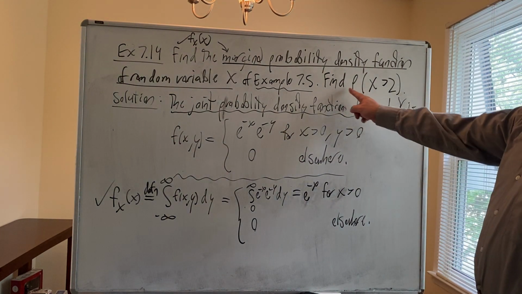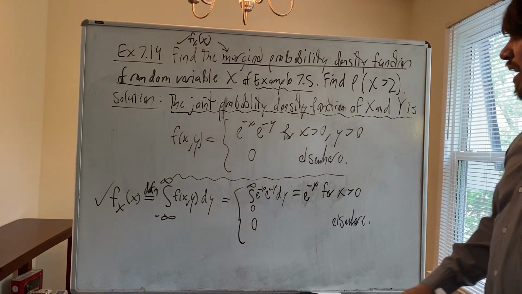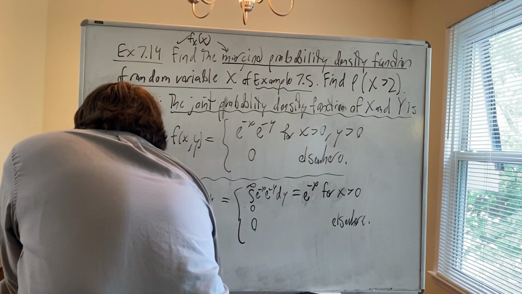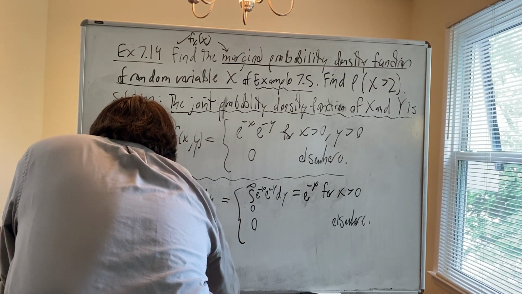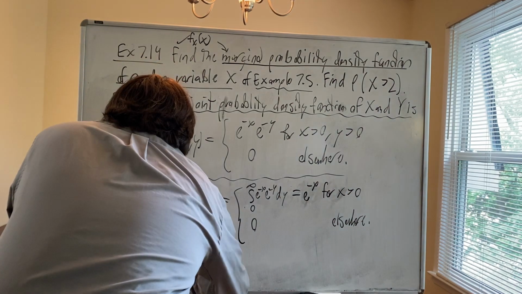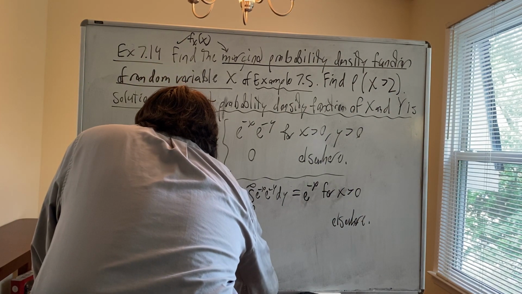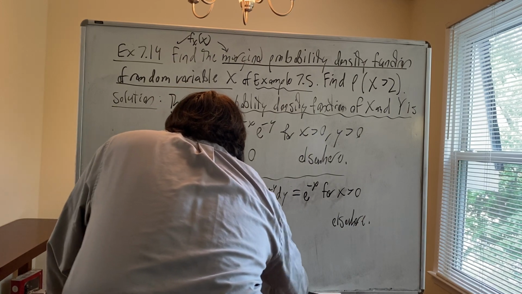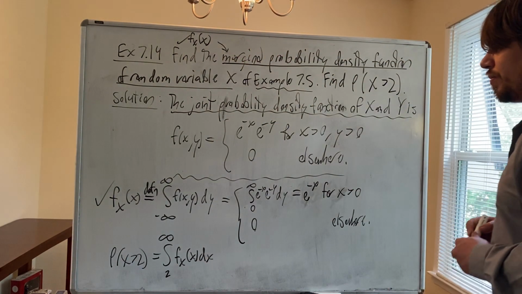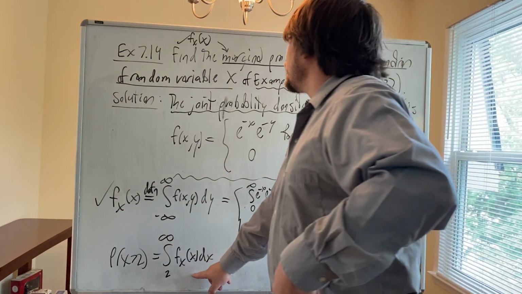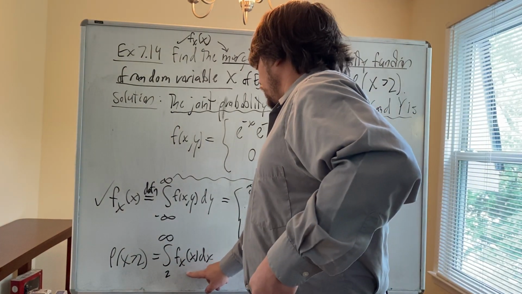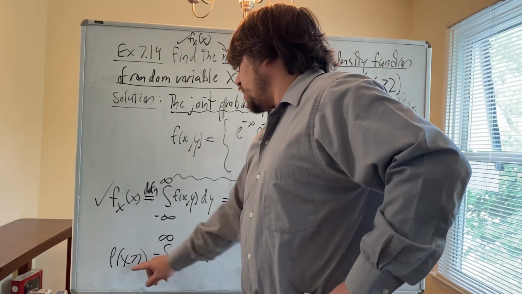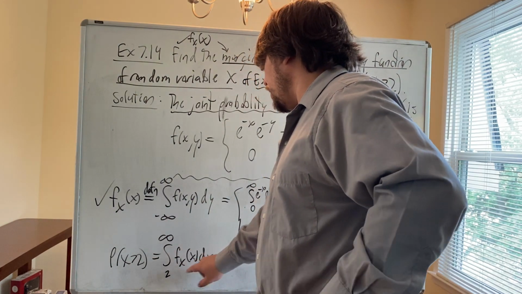Okay, the next part is find the probability that x is greater than 2. So the probability that x is greater than 2 is equal to the integral from 2 to infinity of f sub capital X of x dx. This is the marginal probability density function of random variable x. And so to find the probability x is greater than 2, you integrate from 2 to infinity of that.